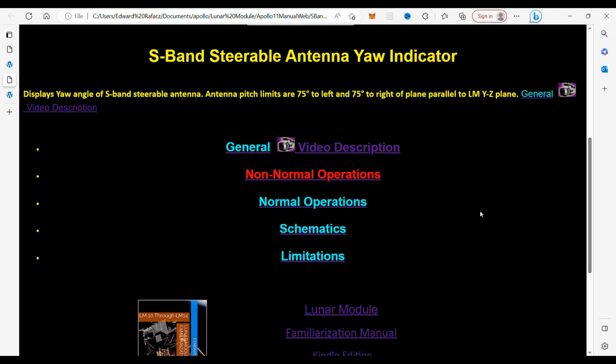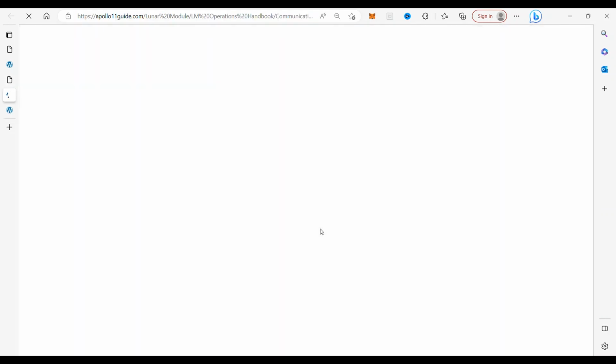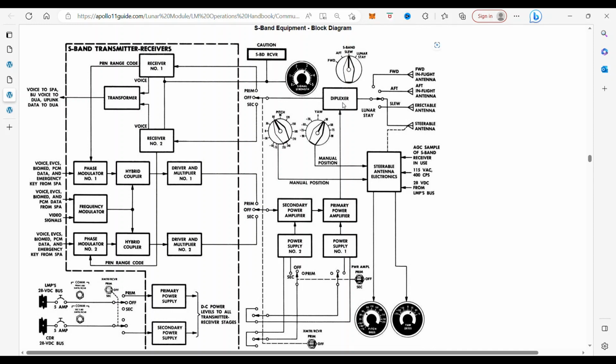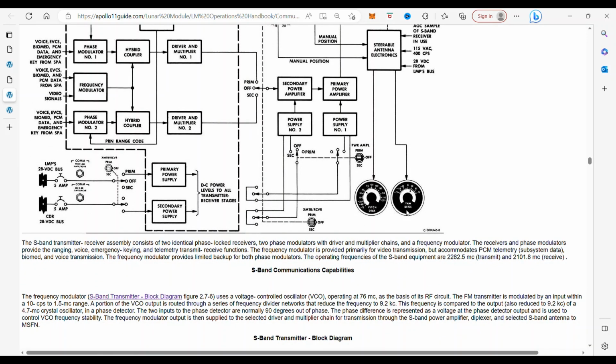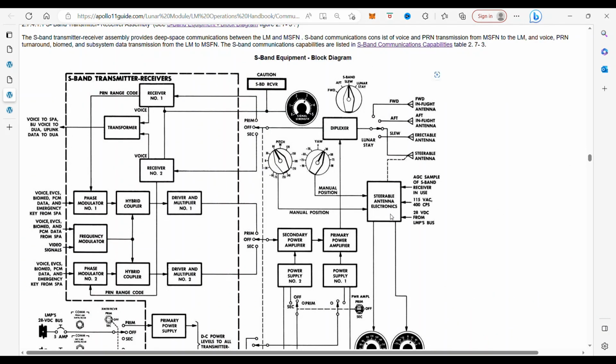If we want to go into the schematics and see what is happening, we click here to take us to the S-band equipment block diagram. Down at the bottom, we see where the yaw degree indicator is in the schematic, which comes from the steerable antenna electronics.